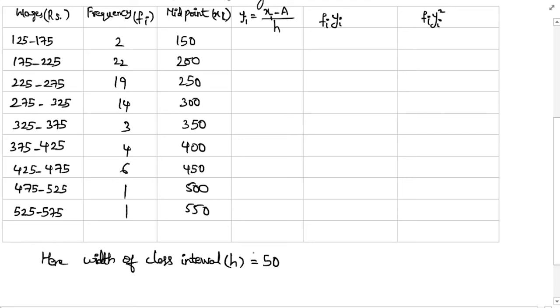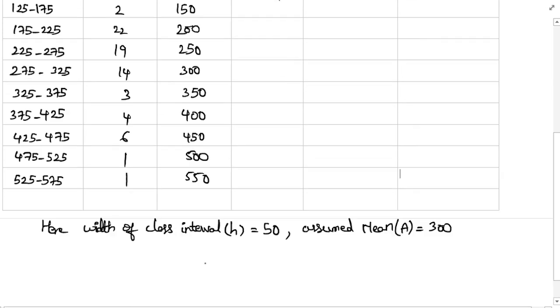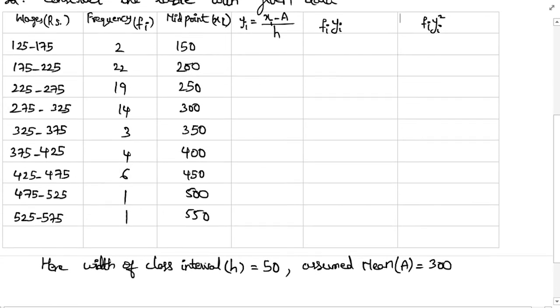So it's the same for all the ranges. So our h is 50 and our assumed mean, that is a, is equal to how much? 300, right?